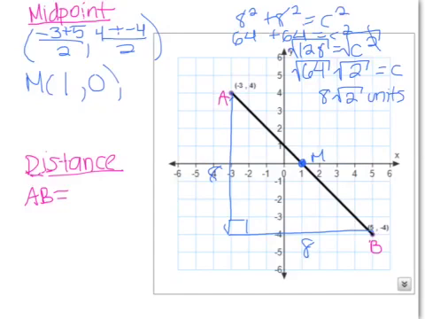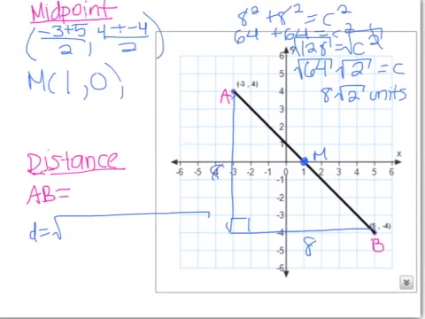Now let's try using the distance formula. So x2 is 5 minus a -3 means +3 squared plus -4 minus 4 squared.